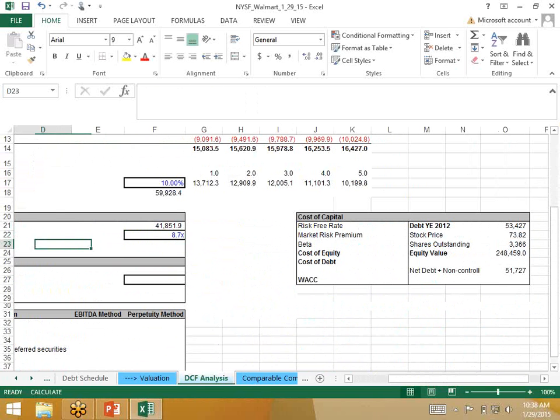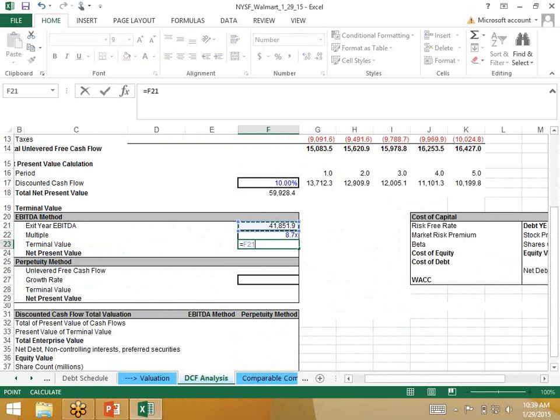So we take 41851.9 times 8.7. If the company continues to trade at 8.7 times 5 years from now, not higher, not lower, conservative, the company's value at 2017 will be worth $362 billion.